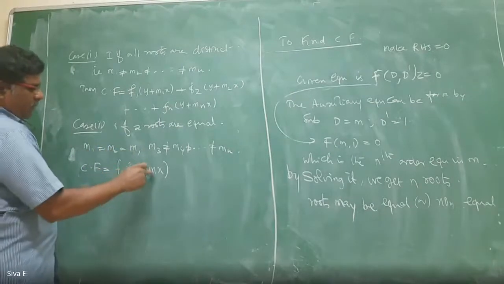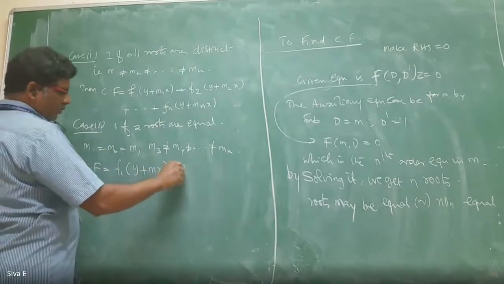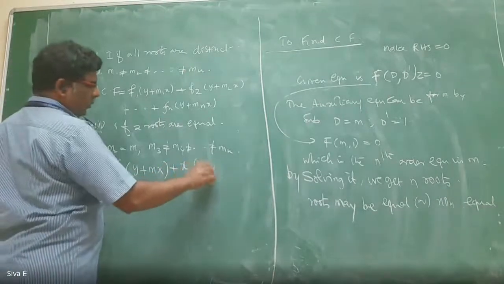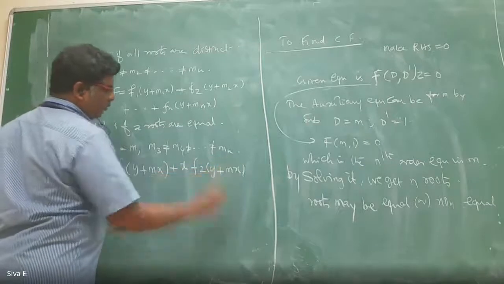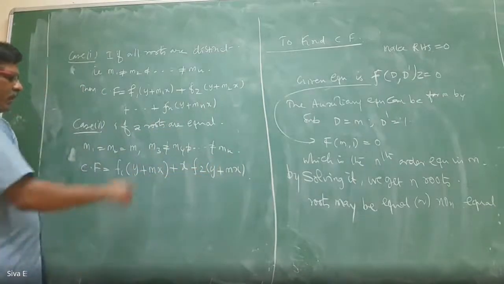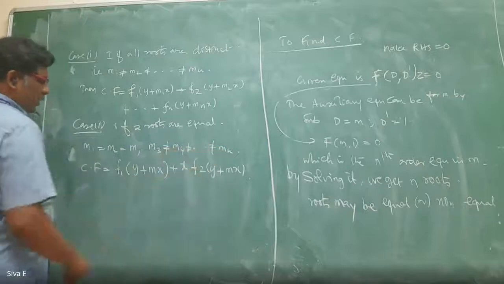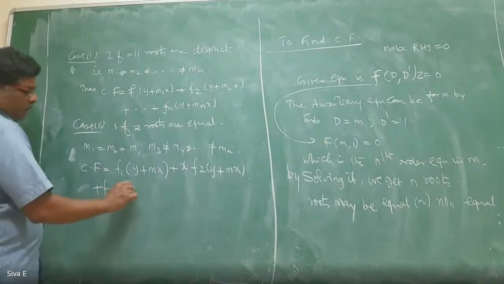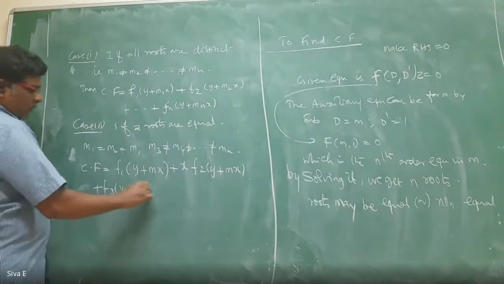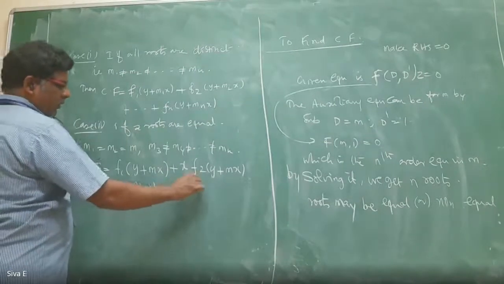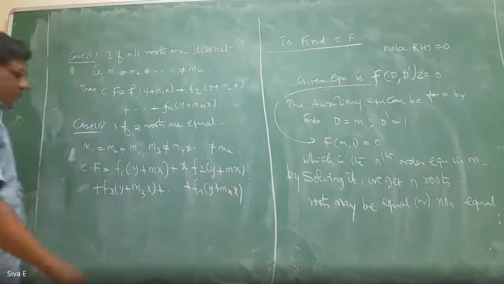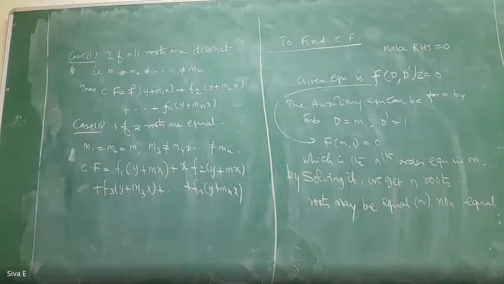So f1 of y plus mx plus, multiplied with x, f2 of y plus mx once again. Two roots are over. Then start with m3, m4, mn: plus f3 of y plus m3x, plus fn of y plus mnx.